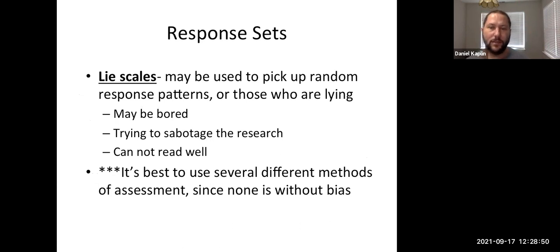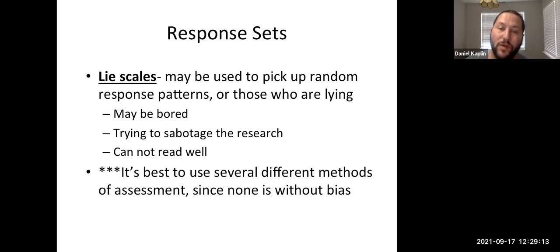So we also have lie scales, which are designed to detect whether a person is lying. These are tripped up when a person responds very inconsistently or in a random way. Now, this random responding could be due to boredom.